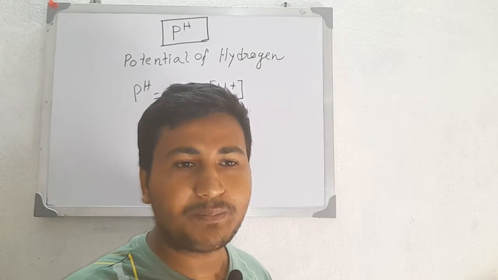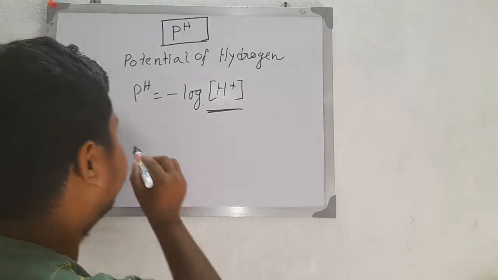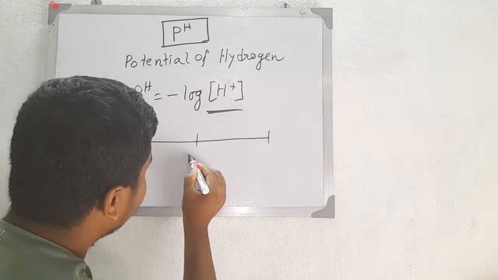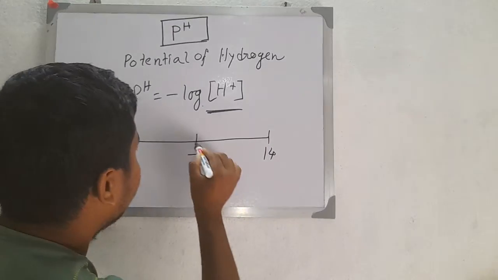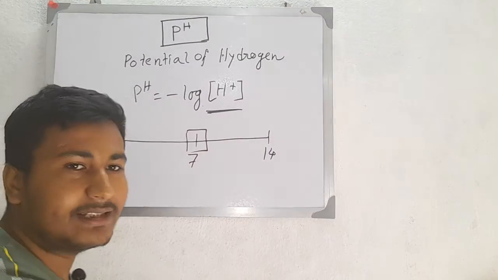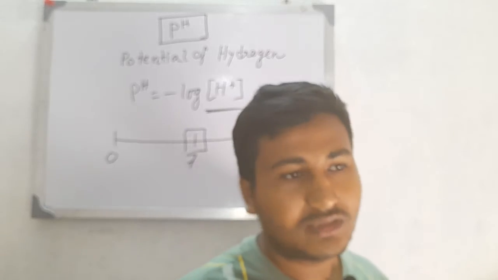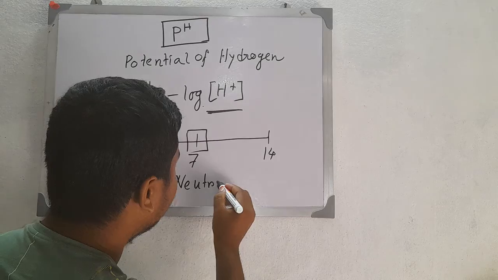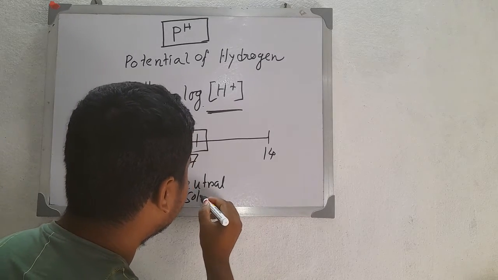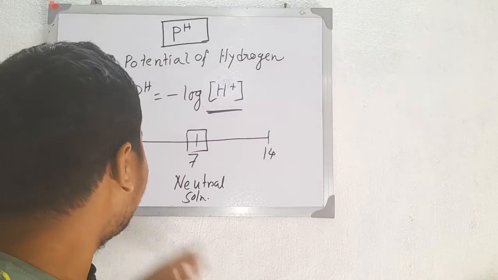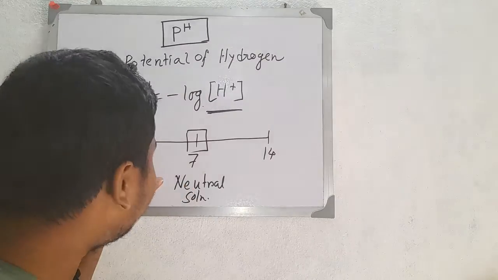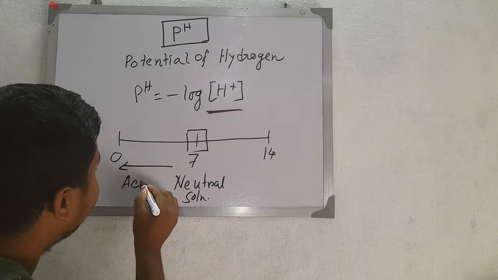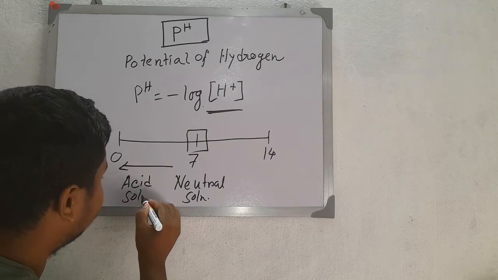Generally, the range of pH is from 0 to 14. If pH is 7, then it is a neutral solution. If pH is less than 7, then they are acid solutions.